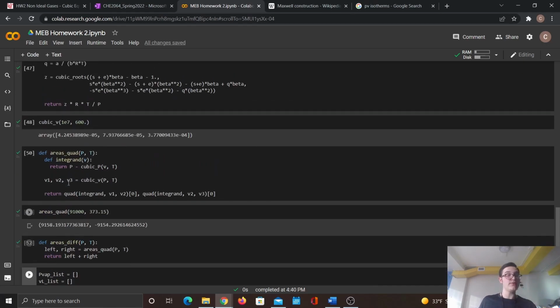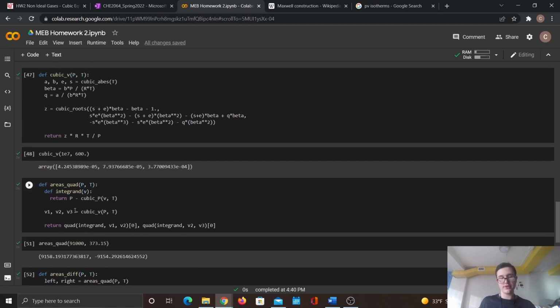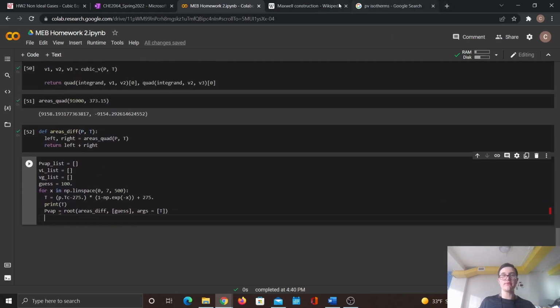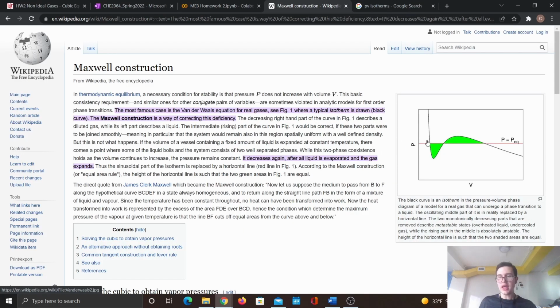So if you go back, V1, V2, V3, that's the cubic volumes, volume 1, volume 2, volume 3. If you look at that, everything to the left, specifically to the left of this intersection here, is liquid.